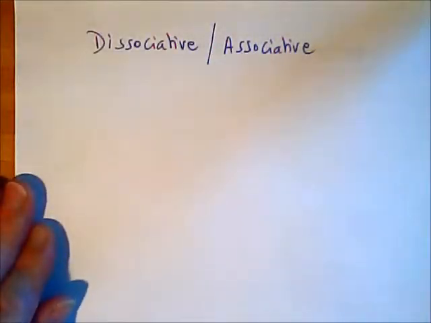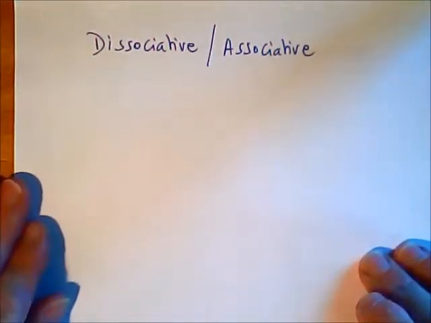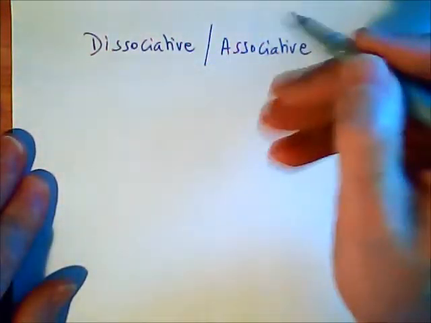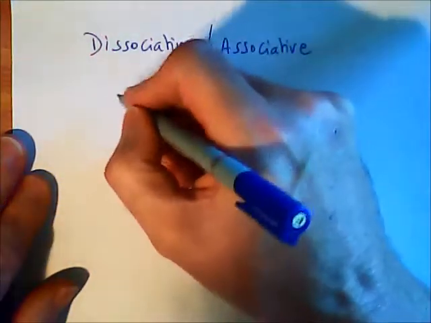Ligand substitution reactions can occur in principally 2 ways. One way is the so-called dissociative way.